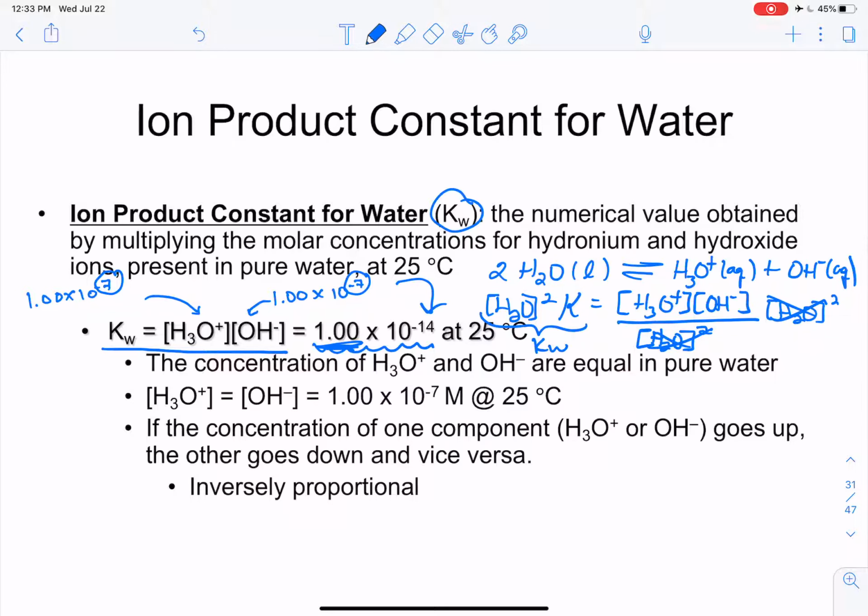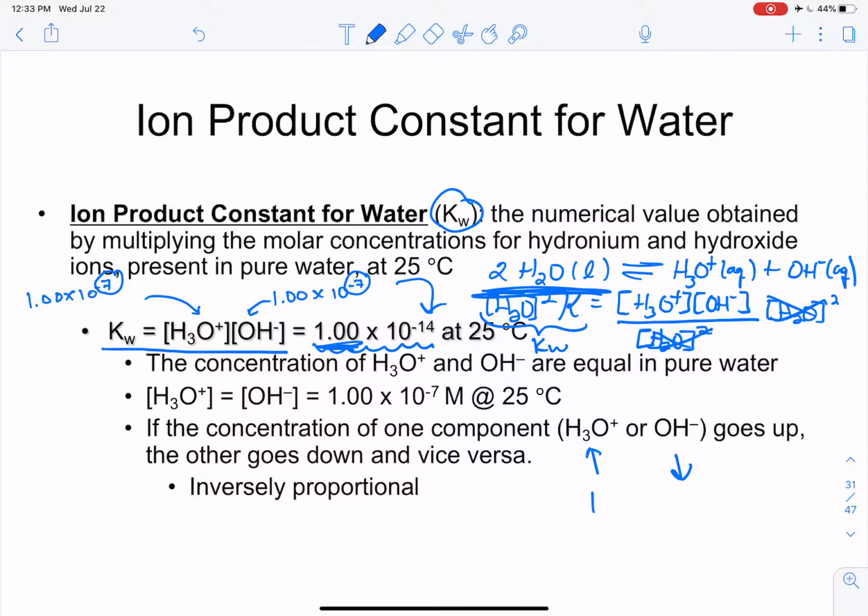So again, pure water, we're going to have equal concentrations of hydronium and hydroxide, because you have to have this reaction happening here, and if you get one hydronium, you got to get a hydroxide, so they have equal concentration. Now, if we change the concentration of one of them, so say we increase the concentration of hydronium, then we're going to have to decrease the concentration of hydroxide.